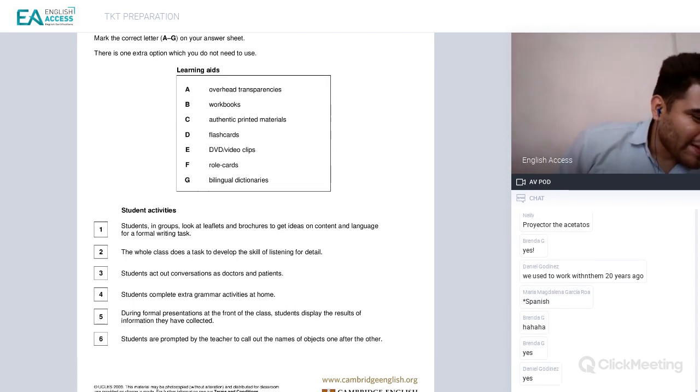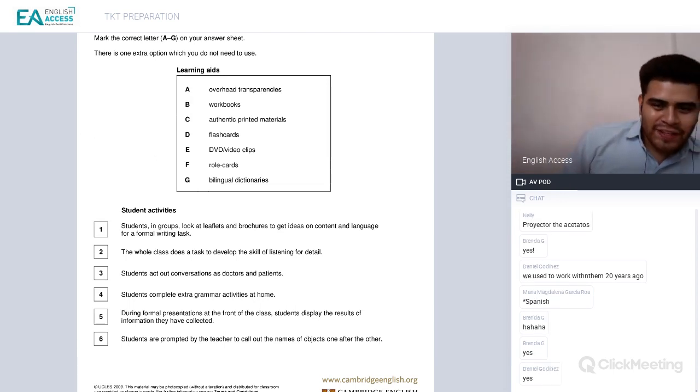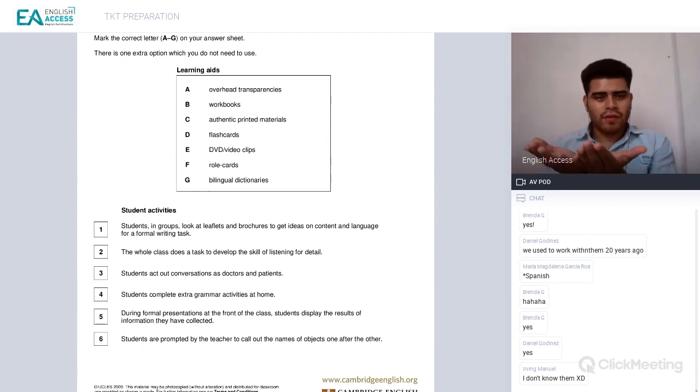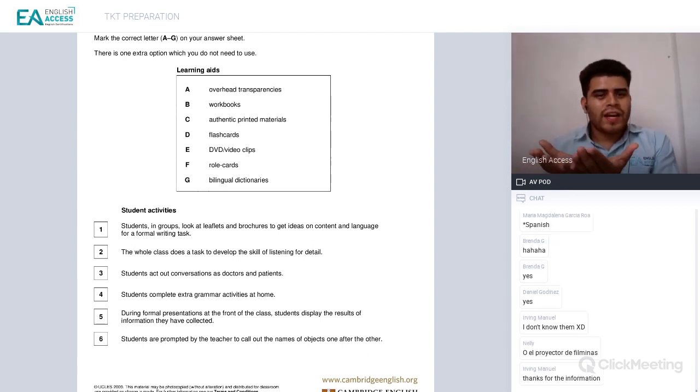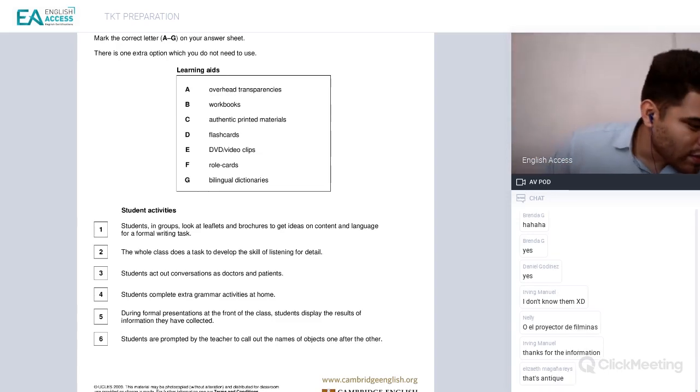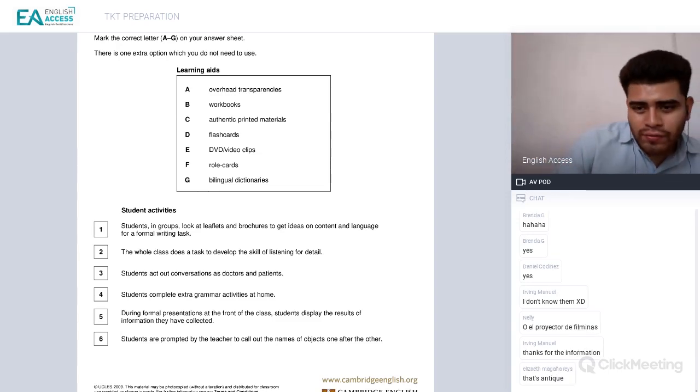Well, let's do this activity. Number one, students in groups look at leaflets and brochures to get an idea on content and language for a formal writing task. What do you think is number one?